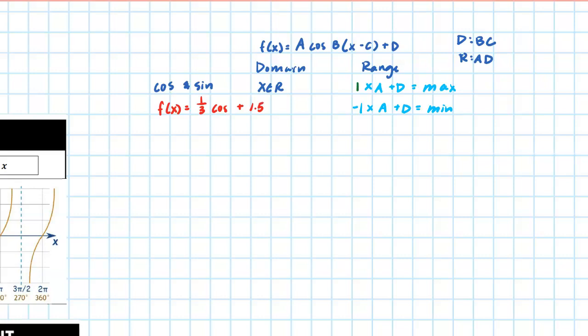Then I would take 1 and multiply it by 1/3 and add 1.5 to it. Why did I pick these numbers? I don't know. So that's 1/3 plus 3/2, 1.5, and so that's 2/6 plus 9/6, 11/6.